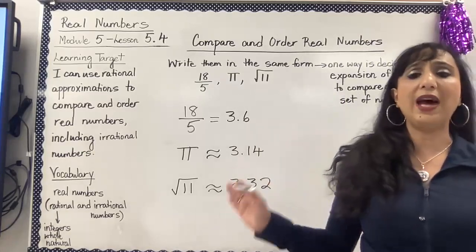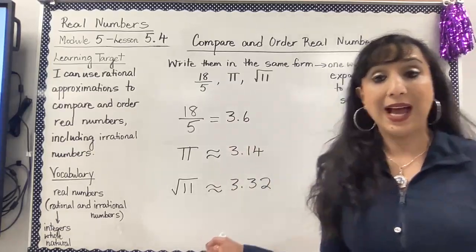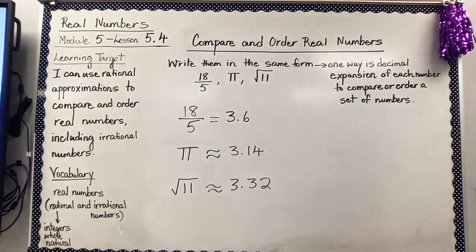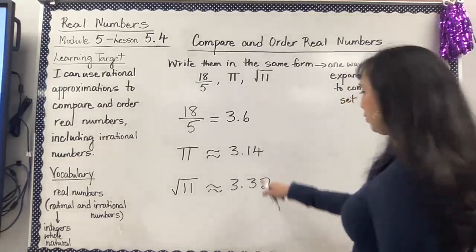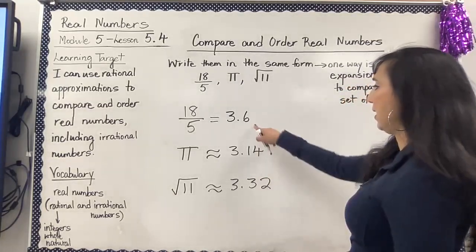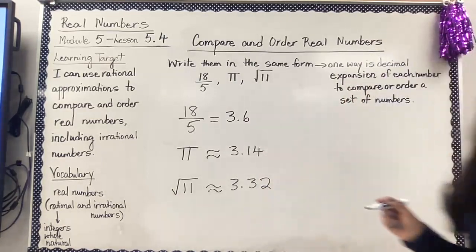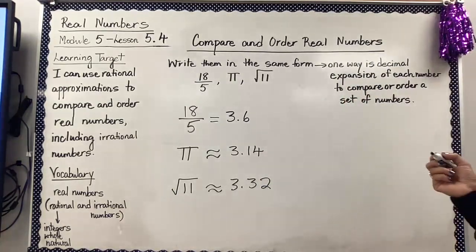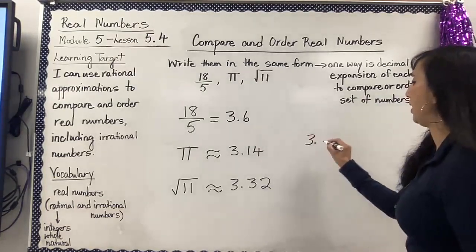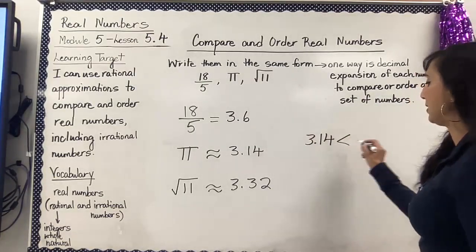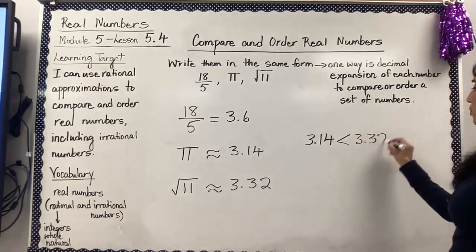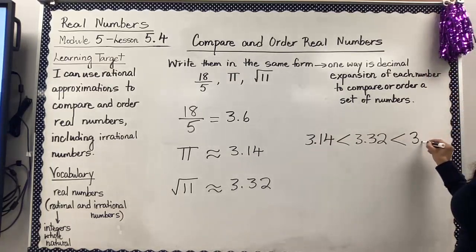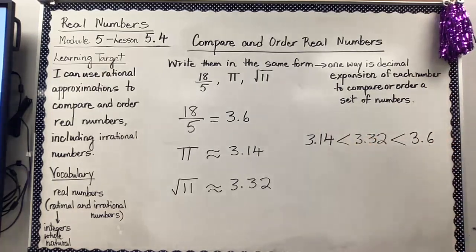Now we have all of them in the same format, and it becomes easy for me to compare and order each of them by using the less than, greater than, equal to signs. If I'm looking at these three, this is the smallest, this is the next, and this is the largest. So I'm just going to write it out like that. I have 3.14 is less than 3.32, which is less than 3 and 6 tenths.